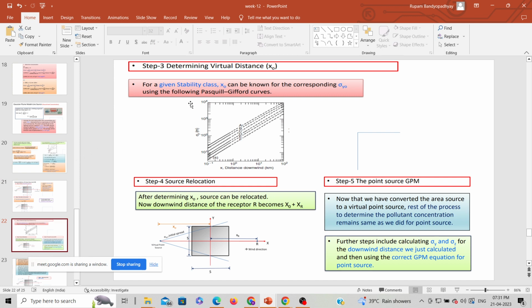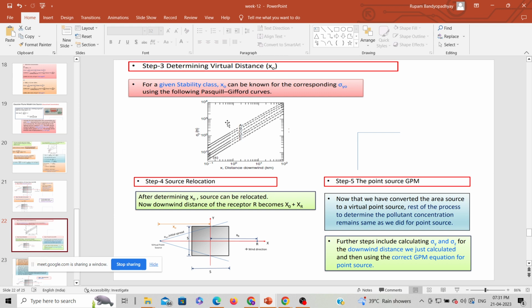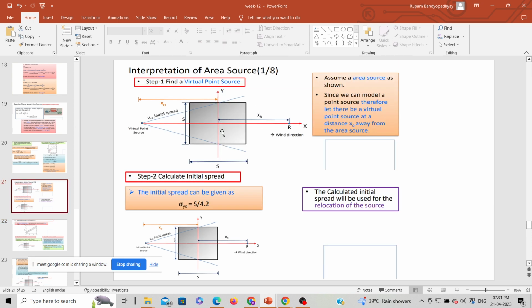Next, for a given stability class, x0 can be known for the corresponding sigma y0. The sigma y0 value you calculated by s by 4.2, and using this value from this chart and the stability condition, you can get the x value. This is the x0 value, this distance.